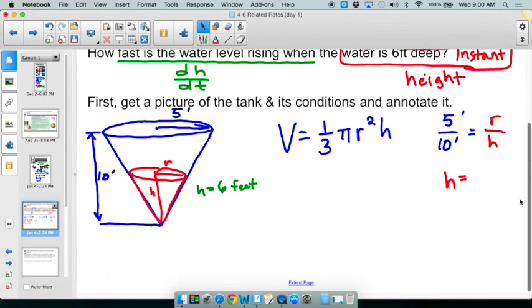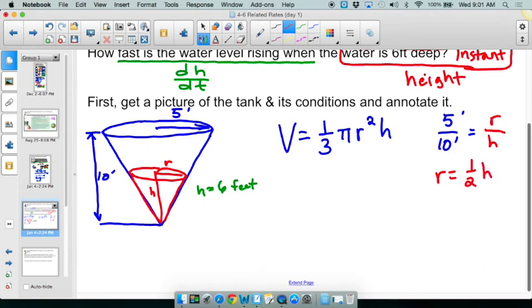So let's take this expression and solve it for R, so we can substitute that radius out. What do we have here? We just multiply by H, right? So we have 1/2 H equals R. The radius is half the height.